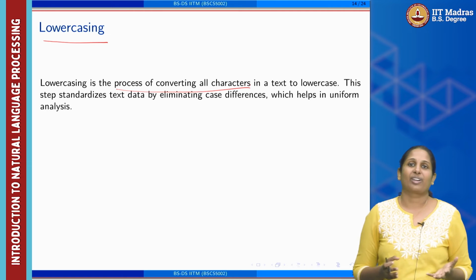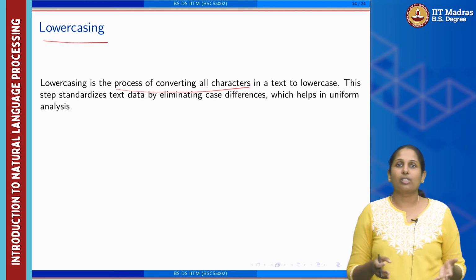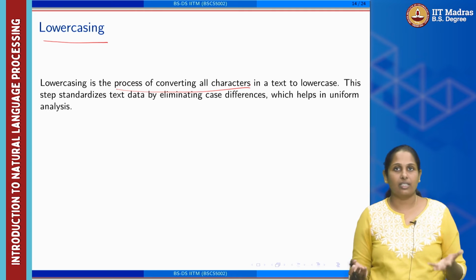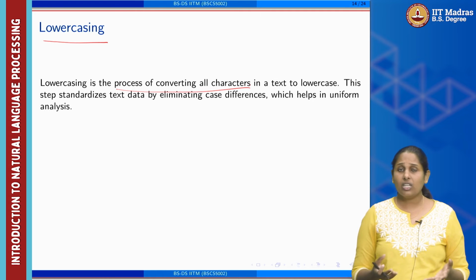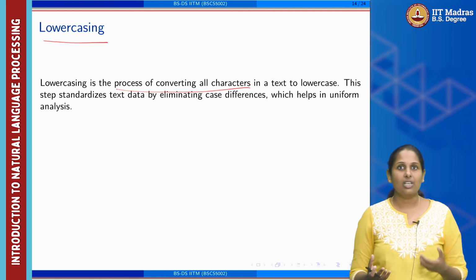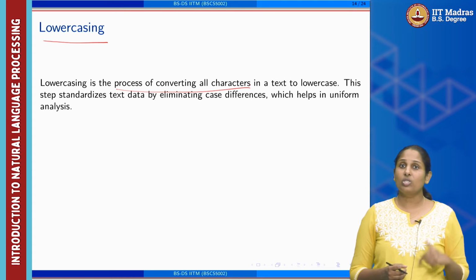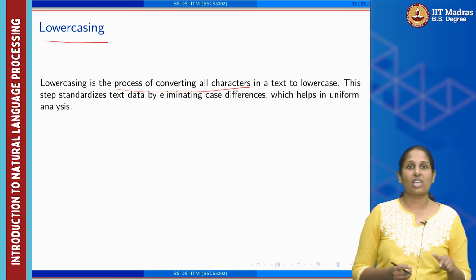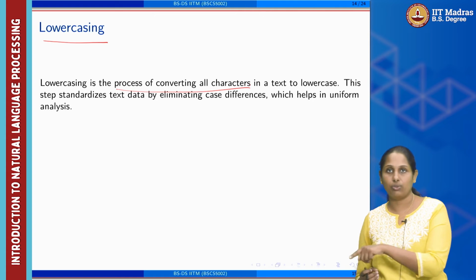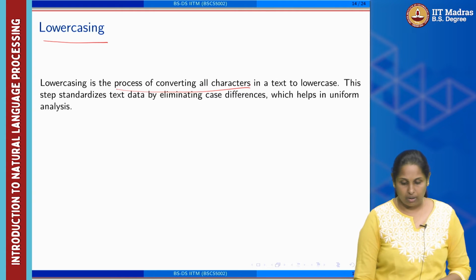Why is it important? Why can't we just work with uppercase and lowercase as different characters? We know that in Unicode representation, each of them has a different Unicode value. So, if we change the Unicode value, will it affect anything in language processing? Of course, we have to think about it.